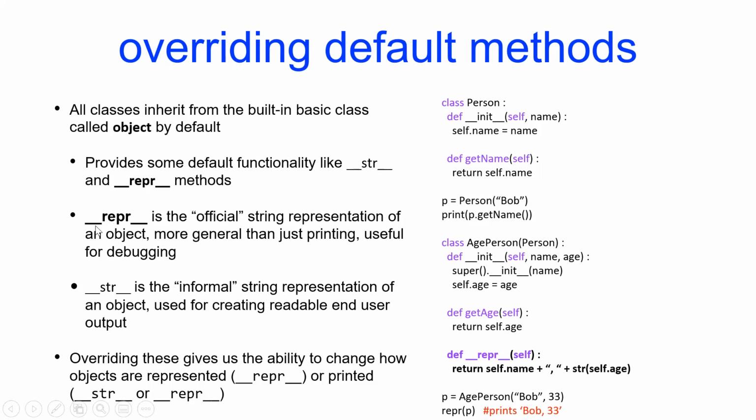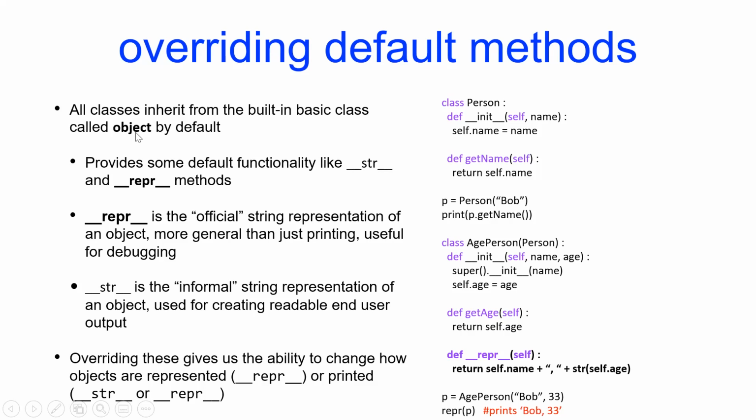And also there's another called rep, probably meaning representation. That is an official string representation of an object. If you do not rewrite, or we call it override, those default methods, it will try to use what is defined in the object class, this grandparent object class.